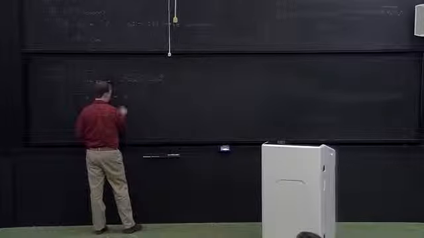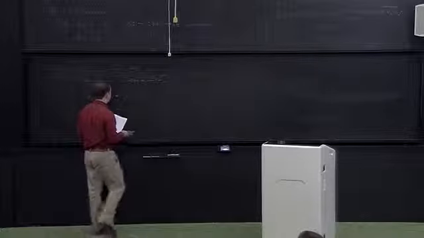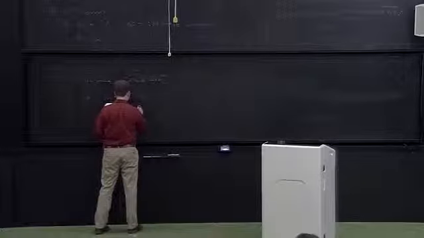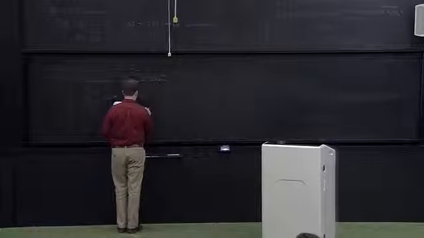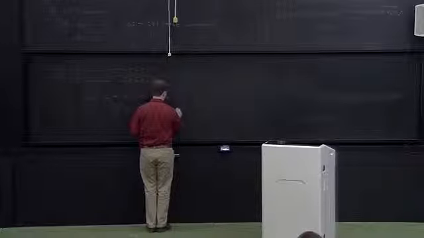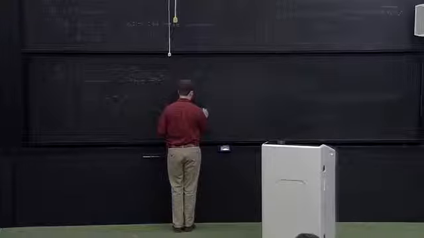Then we can apply Wick's theorem to the time ordered product of phi2 through phi m. That gives us phi1 times the normal ordering of phi2 through phi m, plus the normal ordering of all contractions that don't involve phi1.